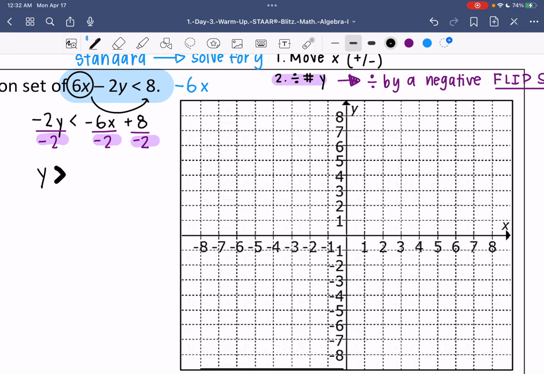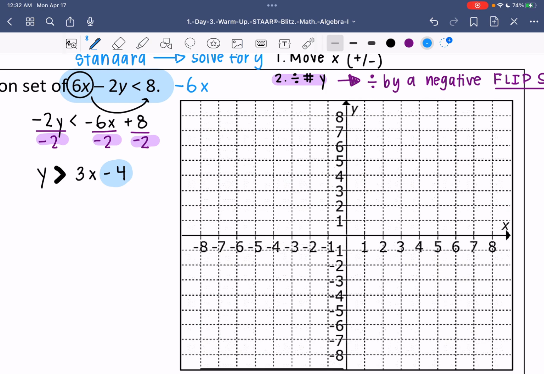Negative 6 divided by negative 2 will get you a positive 3x, and then 8 divided by negative 2 will get you a negative 4. So now we just graph the line as usual. Usually when we graph, we always start with the y-intercept. Your y-intercept here is this negative 4.